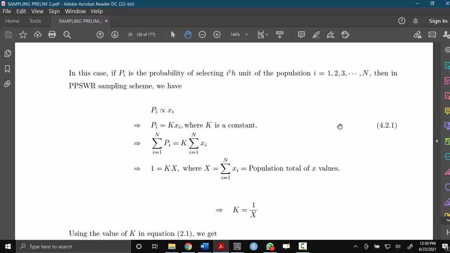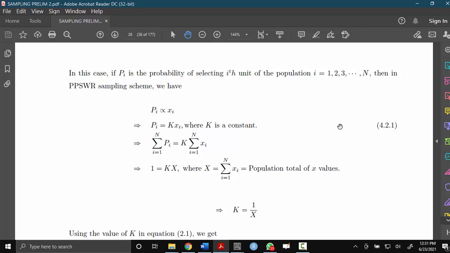So Pi is the probability of selecting the ith unit of the population, and since probability is proportional to the size, Pi is proportional to Xi. Xi is the size of the ith unit of the population. So Pi equal to some constant k into Xi, and if you take the summation over 1 to N on both sides, summation i equal to 1 to N Pi equals k summation i equal to 1 to N Xi.